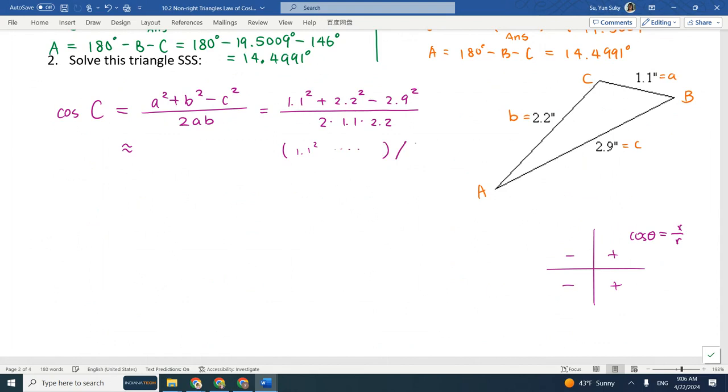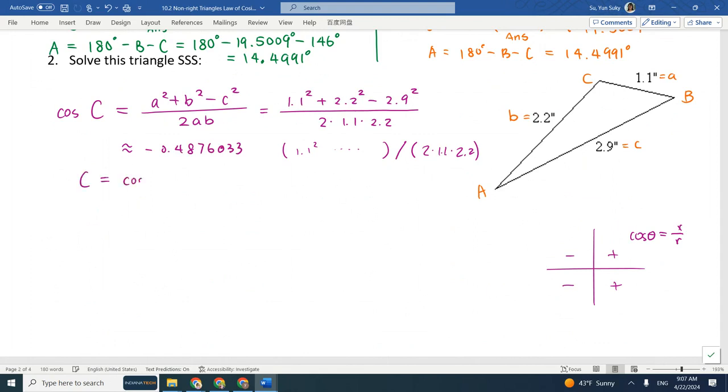Then divide, parentheses, 2 times 1.1, not 11, times 2.2, parentheses. Okay, don't forget the parentheses. 4, 8, 7, 6. Thank you. Very good. So this is the cosine C.